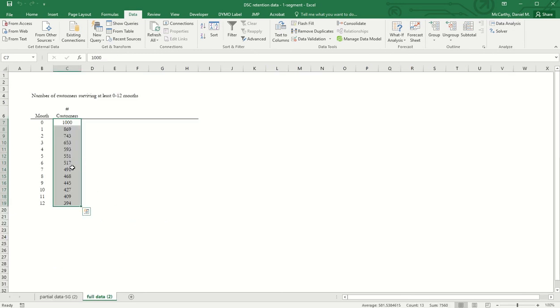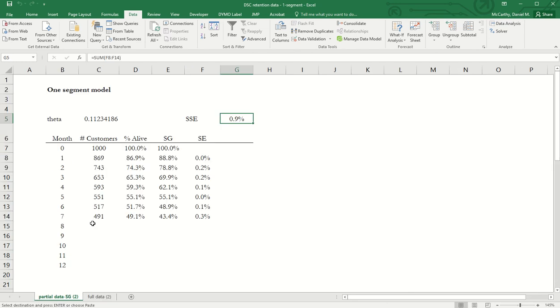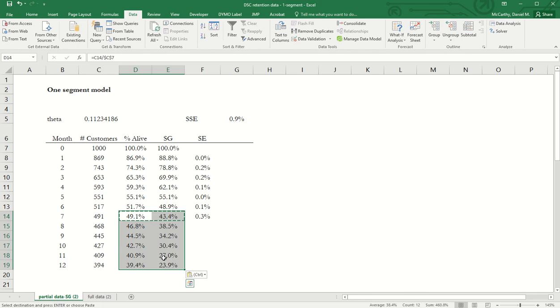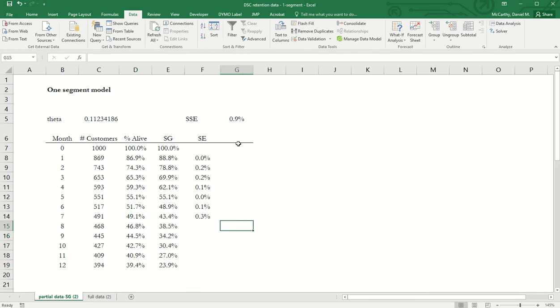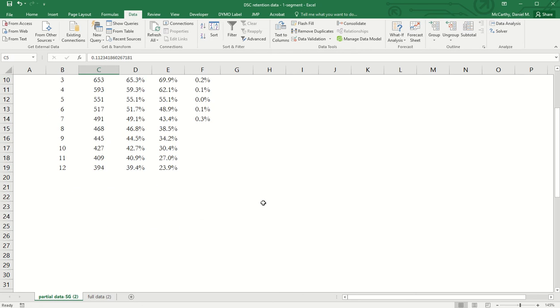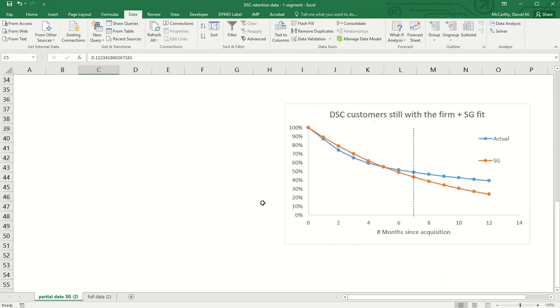The way that we can do that is by going back to this data set, giving ourselves back months 8 through 12, getting the observed percent of the cohort that's alive, and comparing it to our model-based expectation under this 11.2% per-period probability of churn. I just gave you the answer down over here.